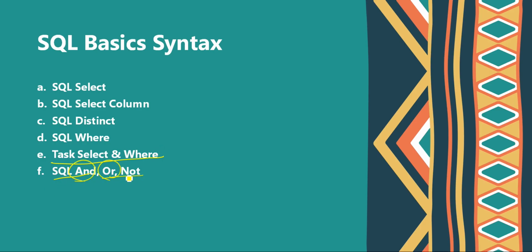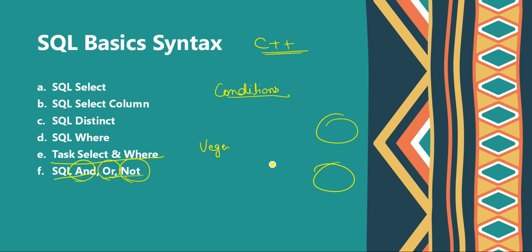SQL AND, OR, NOT. In our C++ classes, we have learned something called conditions. We have taken a very simple example: if I am a vegetarian and want to go to a restaurant, the first condition would be that the restaurant is vegetarian.